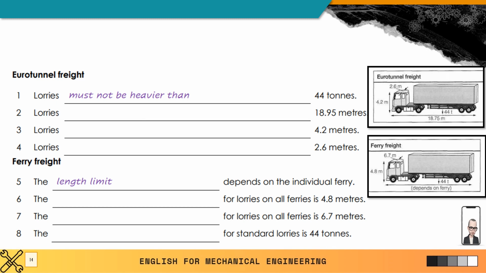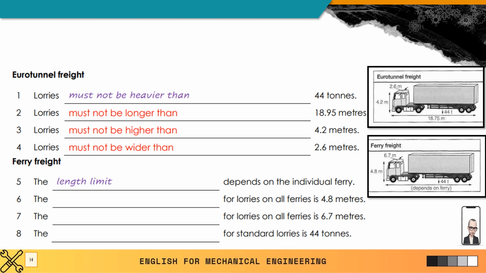Here we've got Eurotunnel freight must not be heavier than. Lorries must not be longer than 18.95 meters, must not be larger than. Number 3, must not be higher than 4.2 meters. Lorries must not be wider than. Okay, must not be wider than.